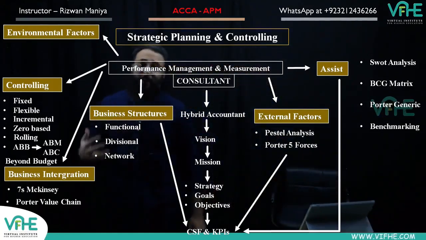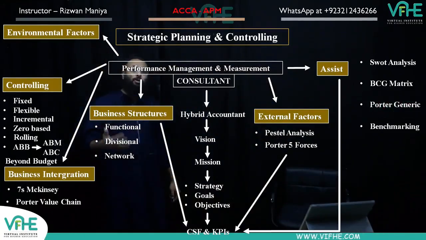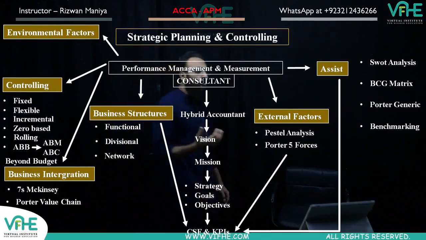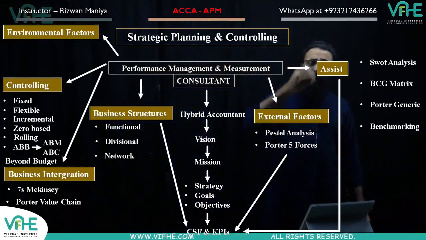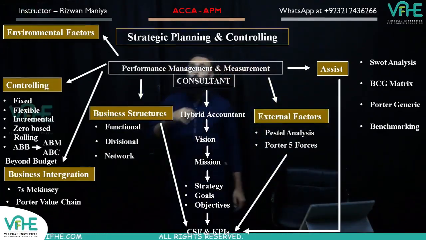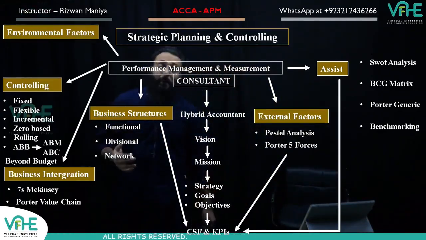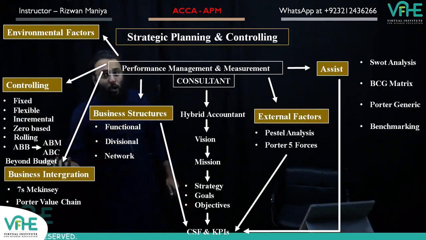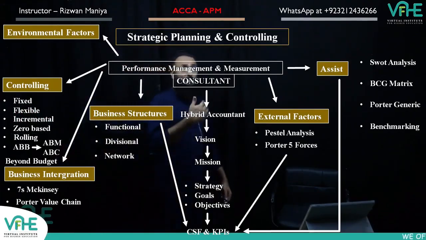For example, environmental cost is usually hidden in overheads. So you as a consultant must know what impact these costs will have on the organization's reputation. Like for example, waste disposal cost. For example, not complying with laws and regulations results in penalties and fines.